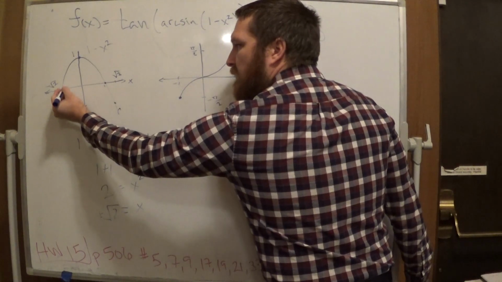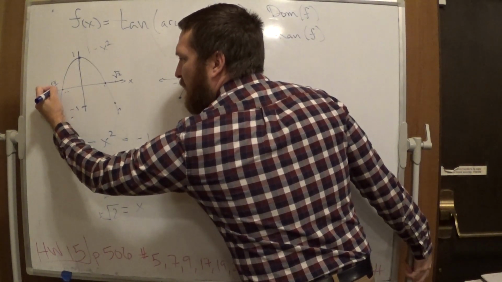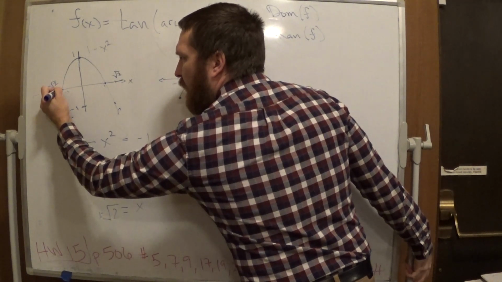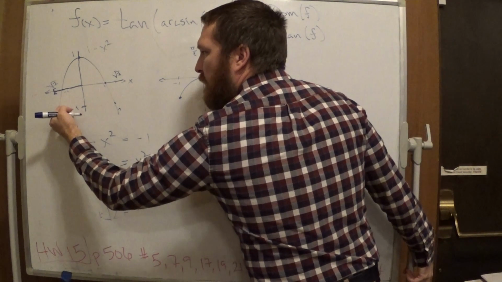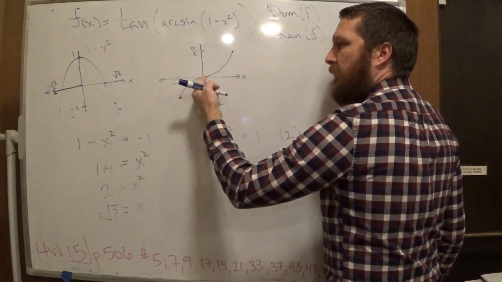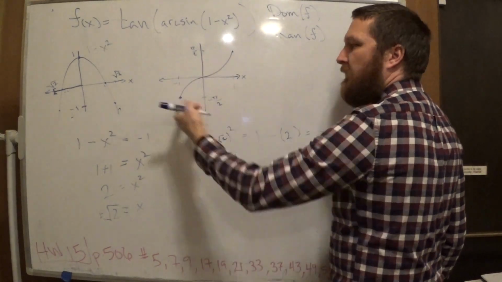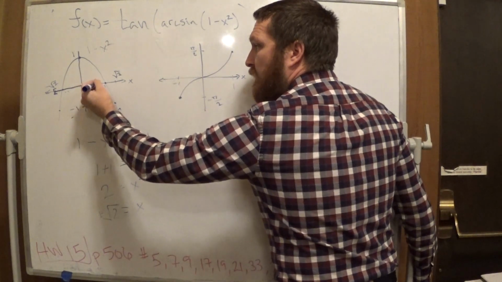Start plugging in values in between, this entire interval here. So it looks like we could include root 2. And as I move all the way up to 0, I'm just getting numbers that come all the way up to 1. No problem there. I could plug all of those in, and there's a perfectly well-defined output. Continue on, and I guess you go back through the same ones.